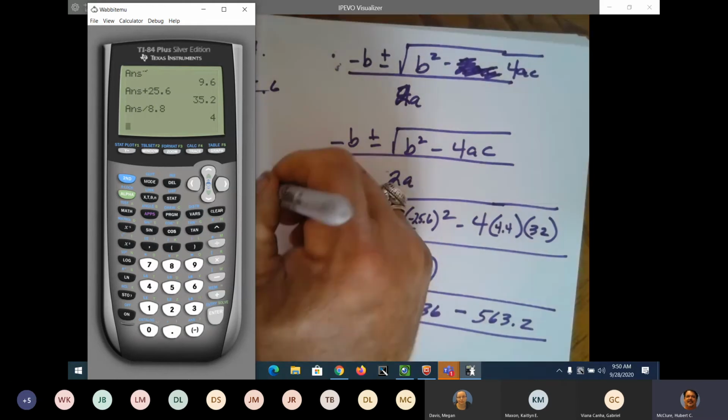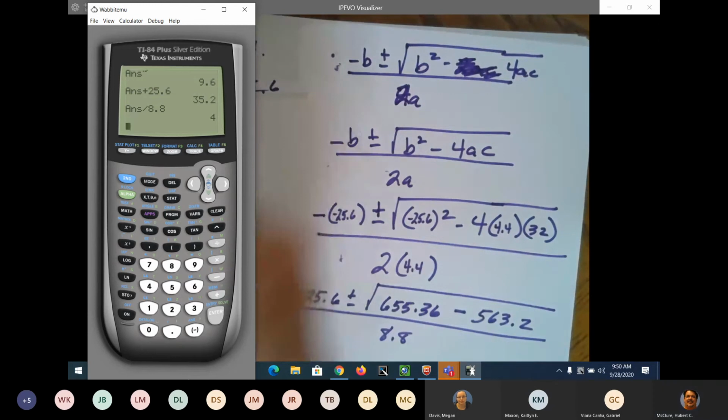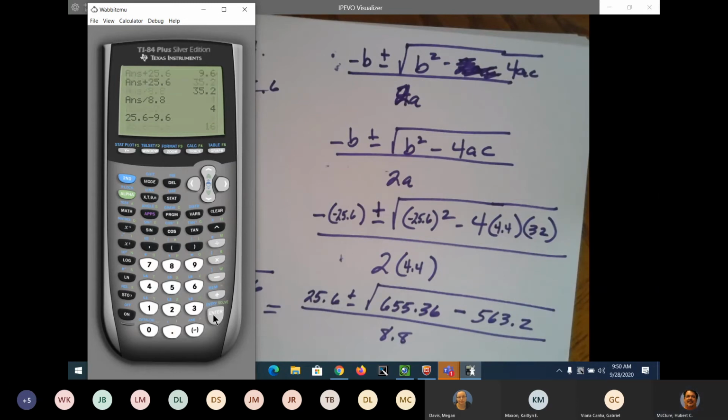So we got one x-intercept of 4, and 25.6 minus 9.6 divided by 8.8 is 1.82.